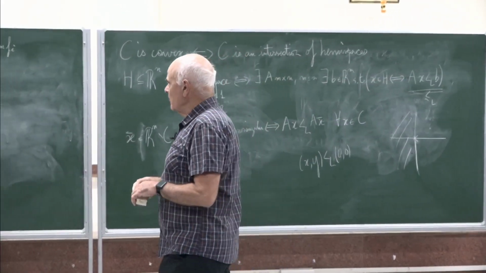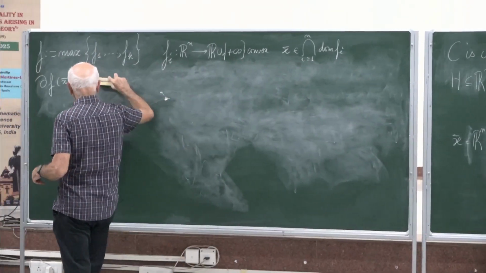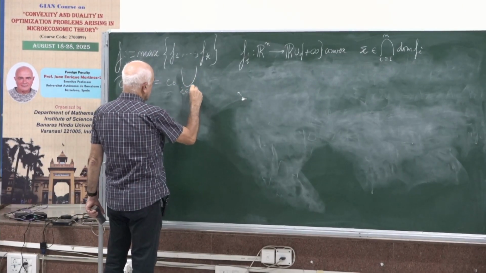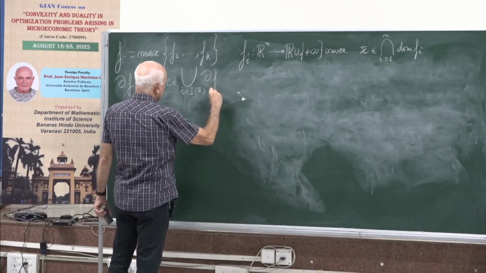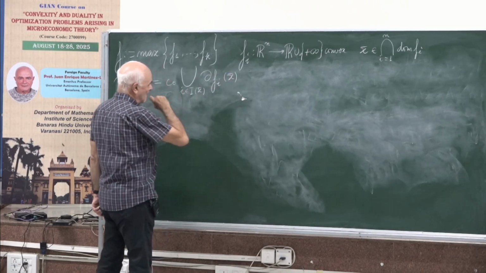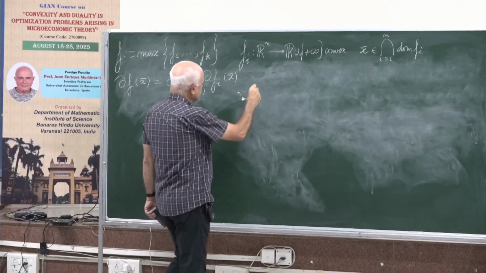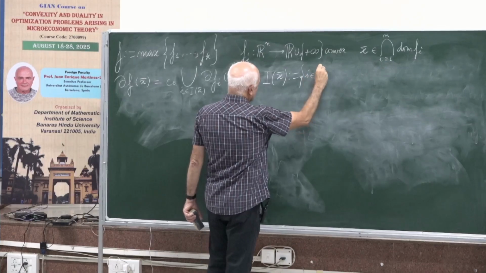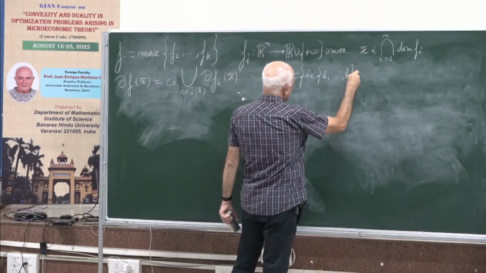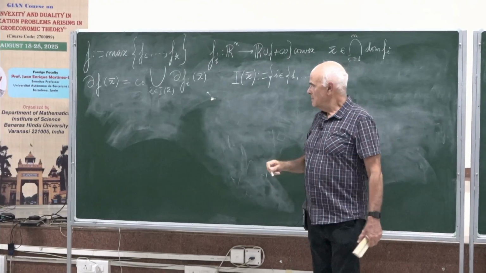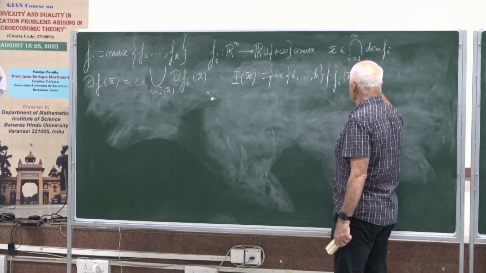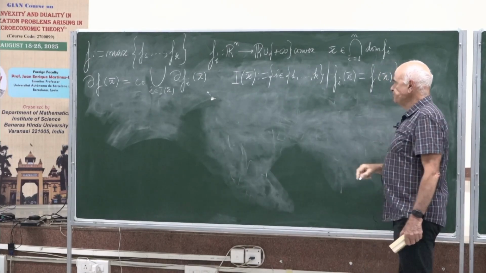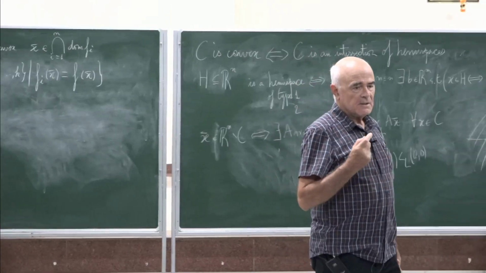CO, just CO. Okay, so it's the convex hull of the union over i in I of x bar of the subdifferential of f_i at x bar, I of x bar being the set of i between 1 and k for which the maximum is attained. This is called Valadier's formula.